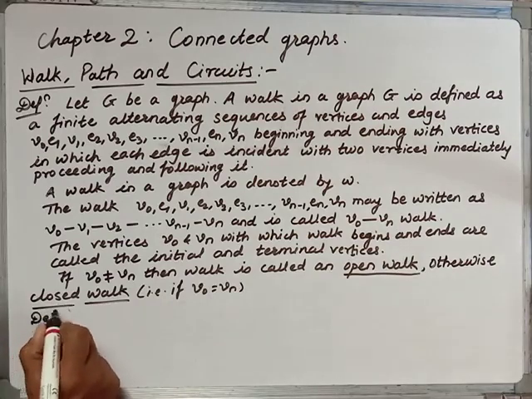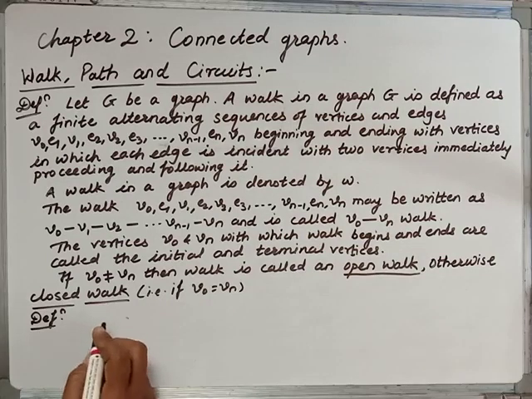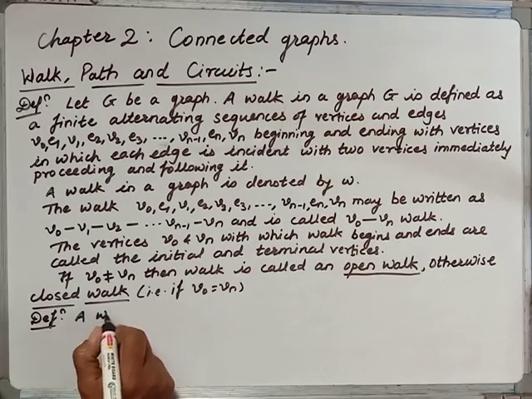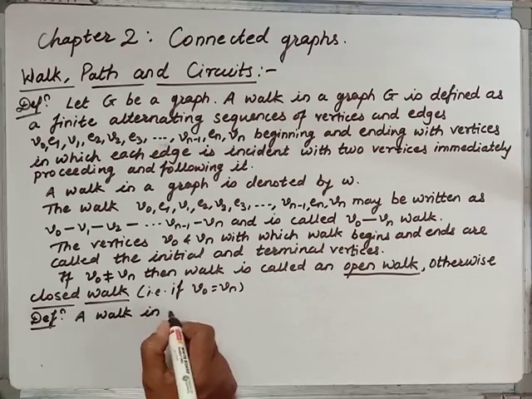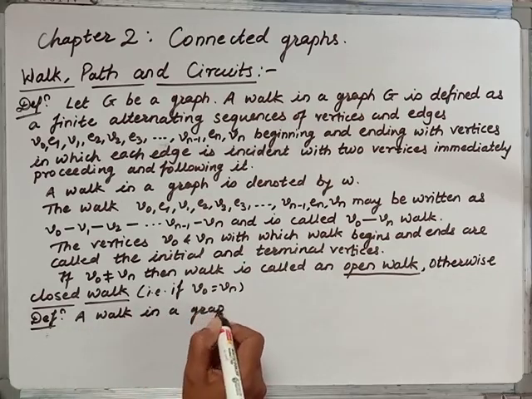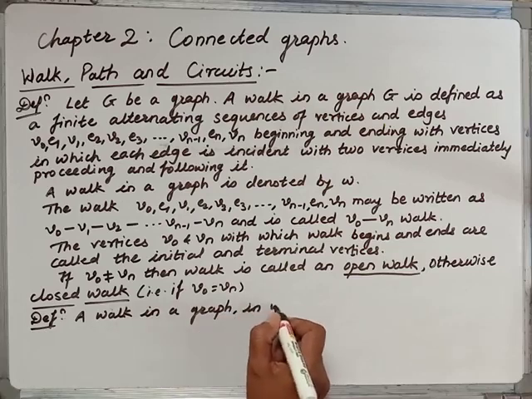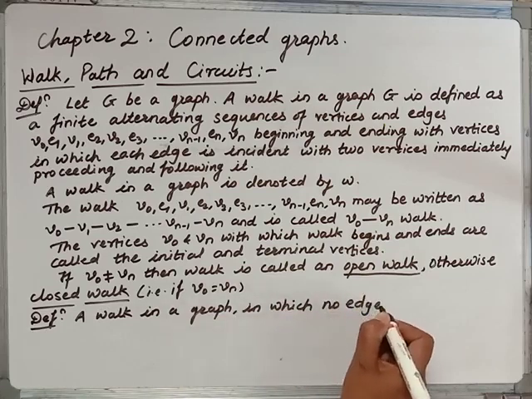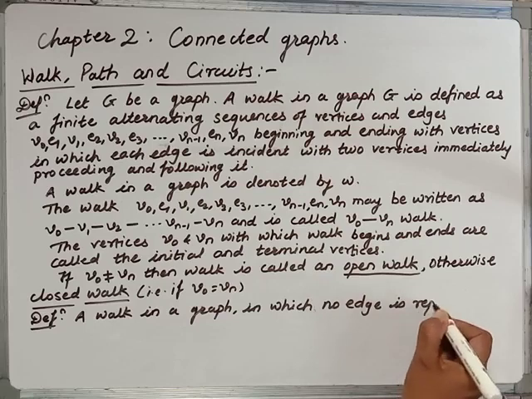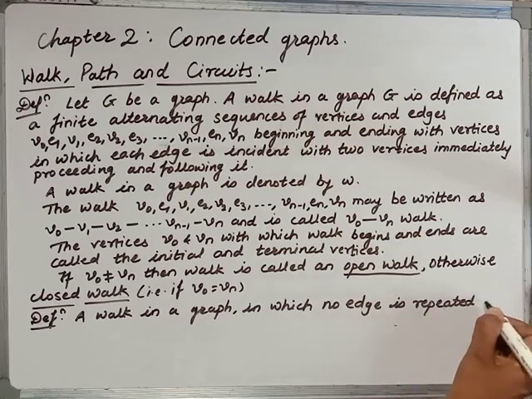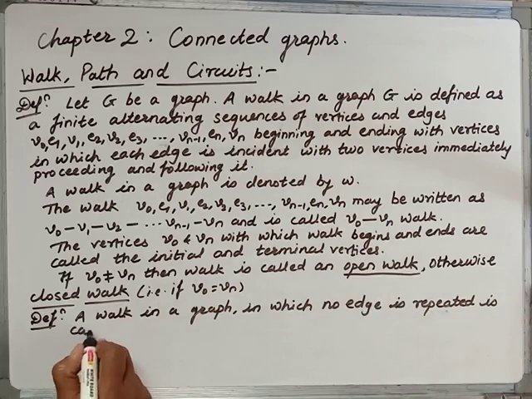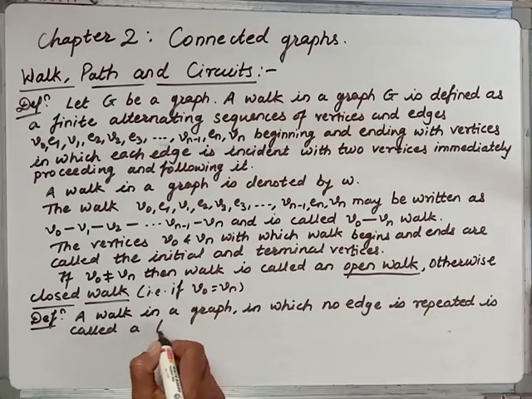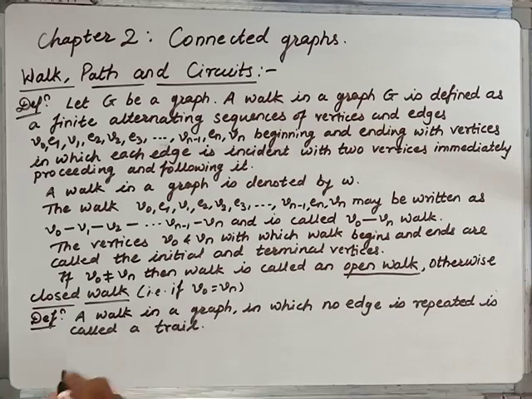Then another definition: a walk in a graph in which no edge is repeated is called a trail. Next one.